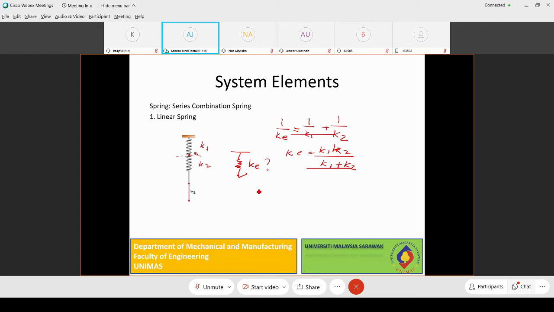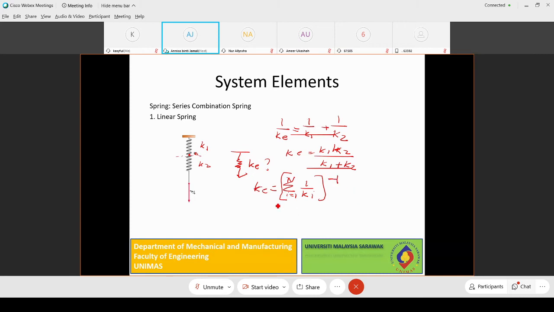So in general, we can say that the equivalent stiffness for linear springs in series will be equal to the summation of 1 over Ki from i equal to 1 until n, but you have to invert it.